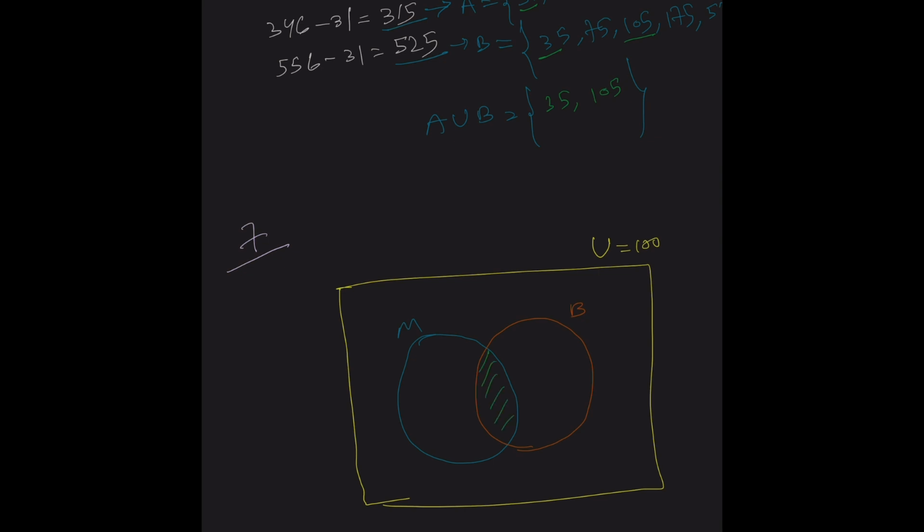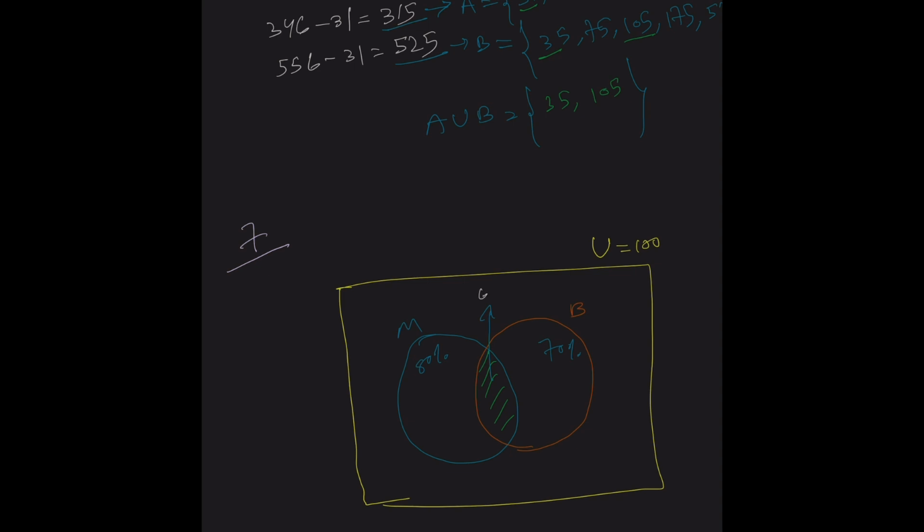So we had for math 80%. For Bangla, we had 70%. But for both we had 60%.